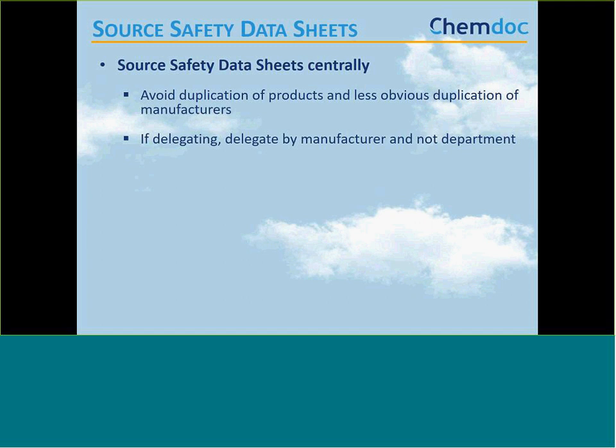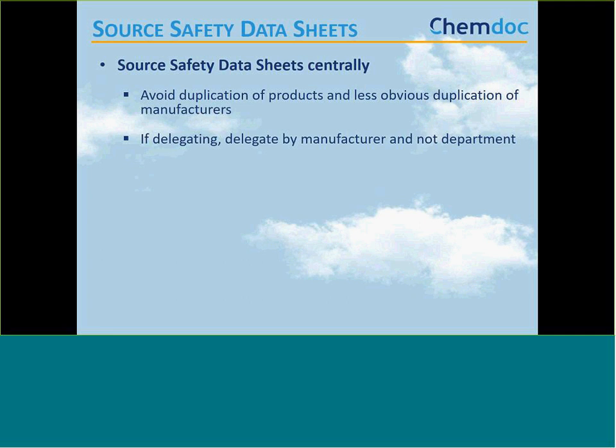The next step, you need to go out to the manufacturers of all those chemicals, and you need to source the safety data sheets. The reason I have said to pull them together centrally is mainly duplication of products, and also less obvious duplication of manufacturers.